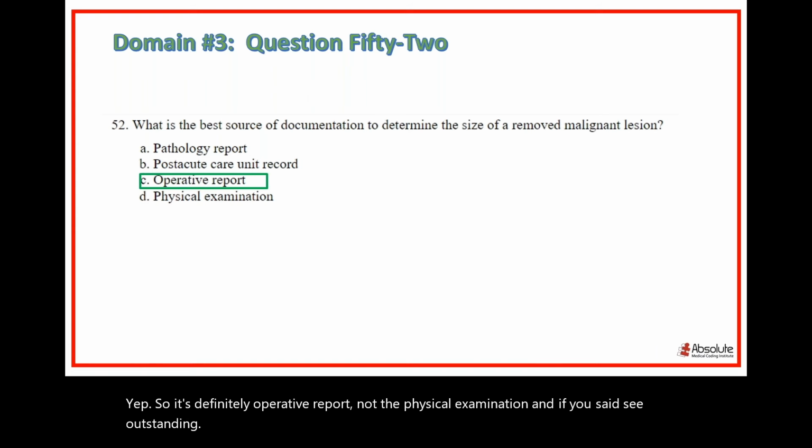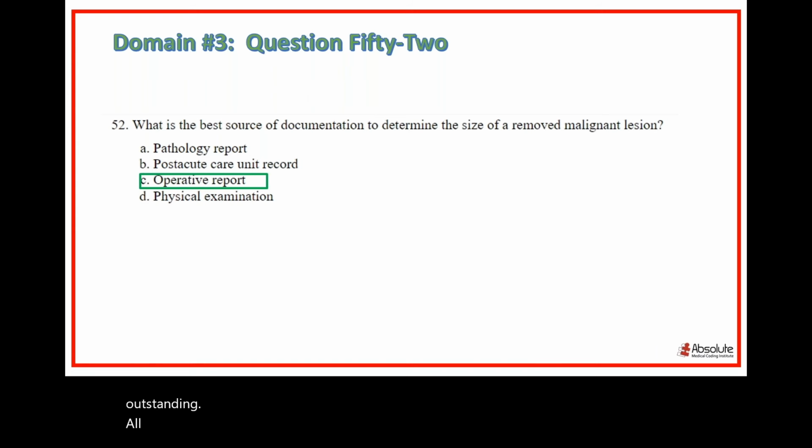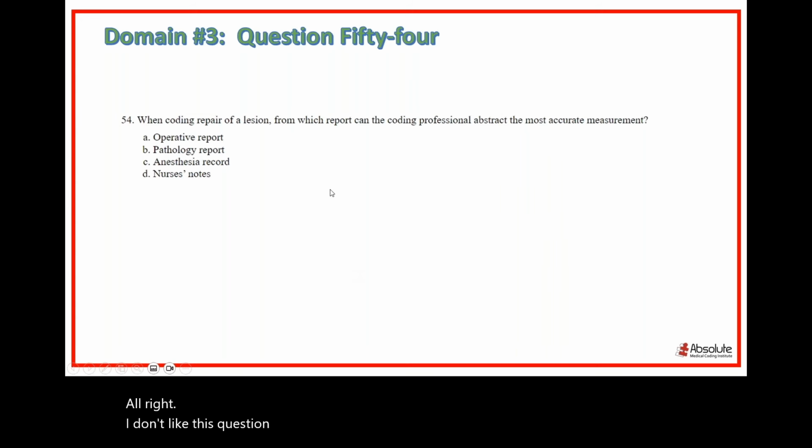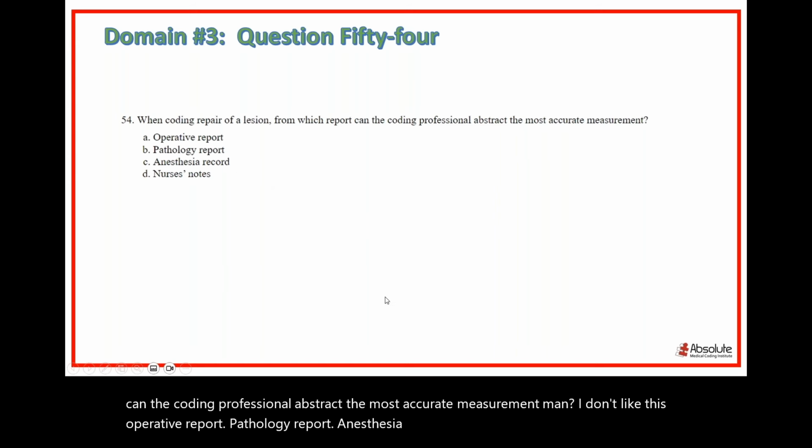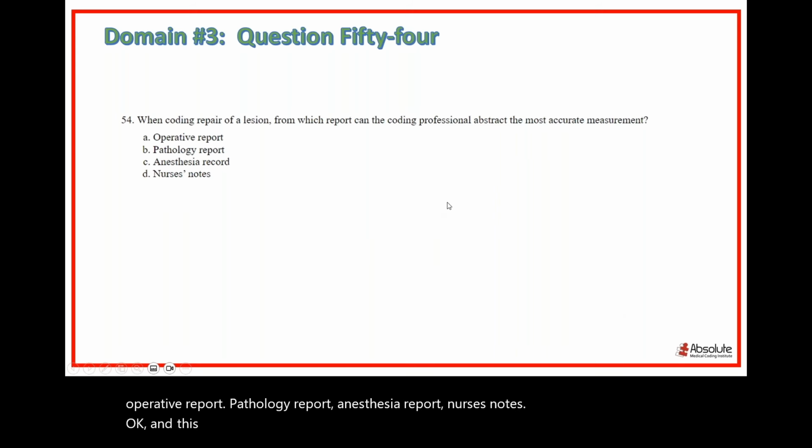All right. I don't like this question. Okay, here we go. When coding repair of a lesion, from which report can the coding professional abstract the most accurate measurement? Man, I don't like this. Operative report, pathology report, anesthesia report, nurse's notes. Okay. And this is 54. The other one was 52.